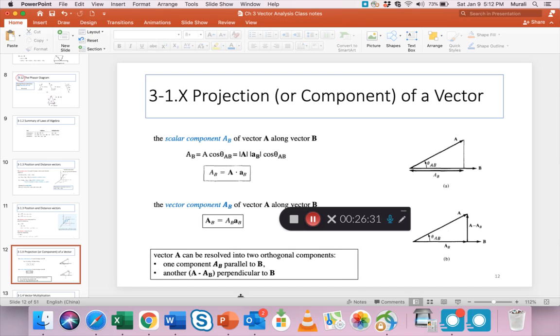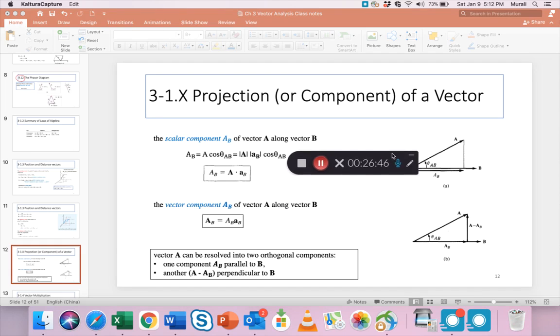Okay. So any vector A can be resolved into two orthogonal components, one component AB parallel to B and another, A minus AB, perpendicular to B. Okay, so you can see that here, if you have a vector A, one component is this AB, right, which is parallel to B. In this case, actually on top of B. That is a vector component, and then there's another component A minus AB which is perpendicular to B. Okay, so just keep that in the back of your mind.